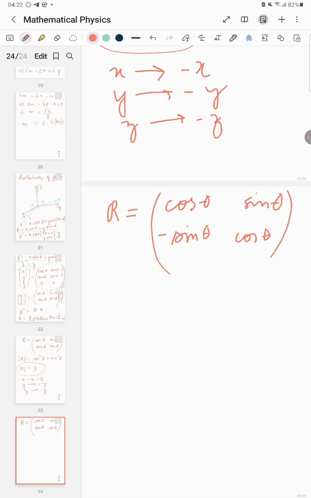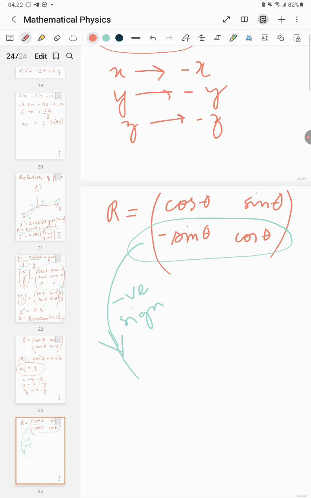So after reflection, these two components will have a negative sign with them.